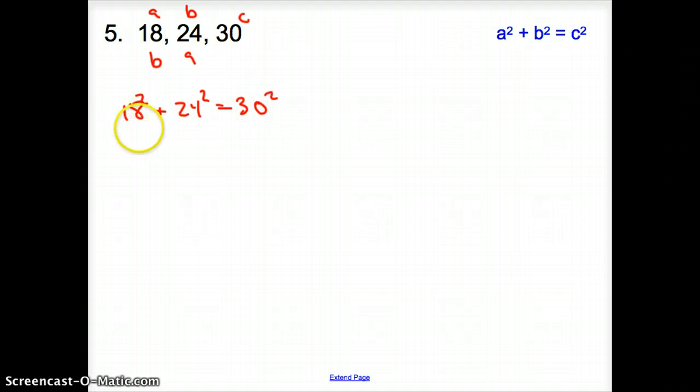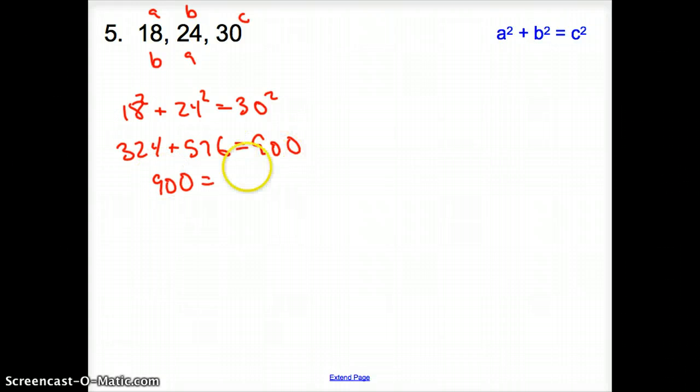If you want to go 24 squared plus 18 squared, see if you get the same thing, by all means, please do it. So 18 squared is 324 plus 576. Does that equal 900? Well, these add up to be 900. You guessed it, which equals 900. So again, we have a right triangle and a Pythagorean triple.